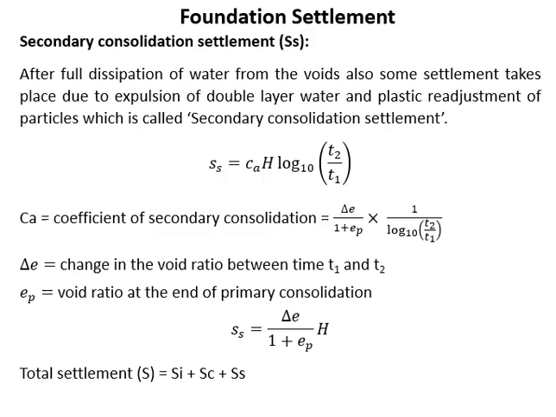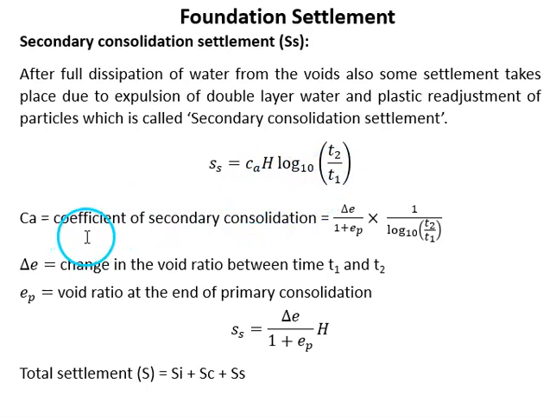Then secondary consolidation settlement. After the complete expulsion of water from the voids, there are also some settlements that take place due to the expulsion of double layer water and also the plastic readjustment of particles, which is called secondary consolidation settlement. This is equal to Ca into H into log to the base 10 of t2 by t1.